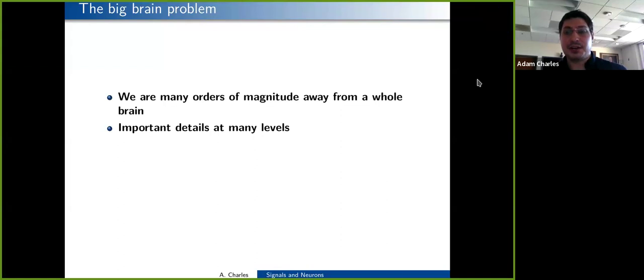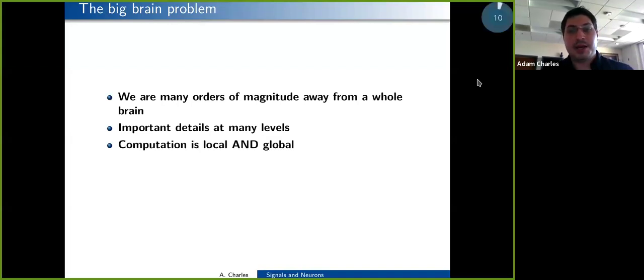The second is that there are incredibly important details at a variety of scales. There's importance in the synaptic activity and the adaptation. There's importance in the dendritic activity that propagates. There's importance in the somatic activity and how spikes are propagated down. And there's important activity at the group level, where populations of neurons co-activate in order to create computation. This computation is local, but it's also global.